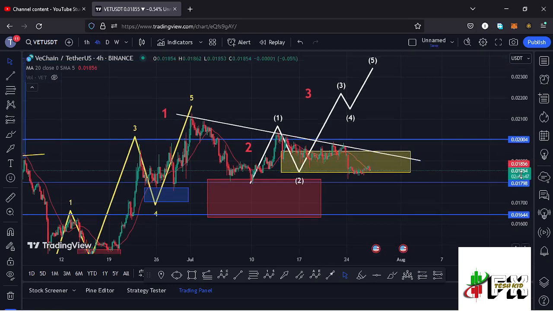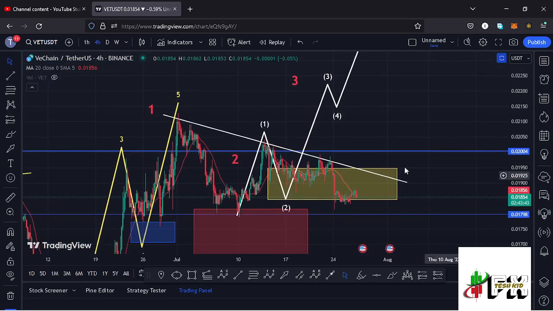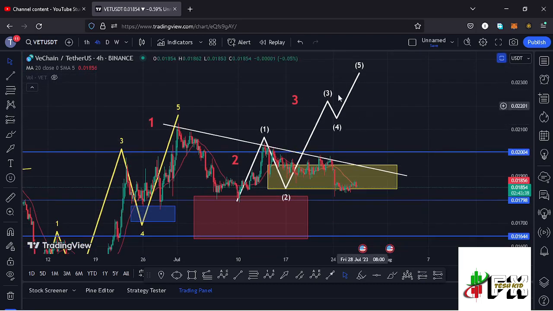And you can see that we have continued to hold within this yellow target area, and there are chances that we can see a reaction of that target area and start gearing up in the formation of this wave 3.